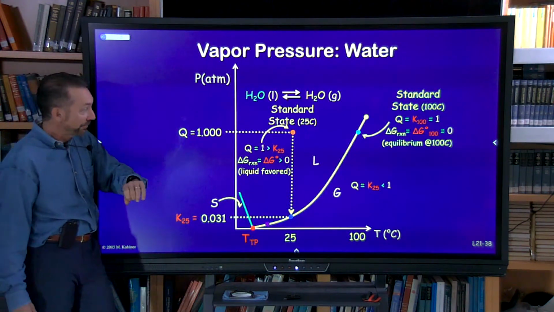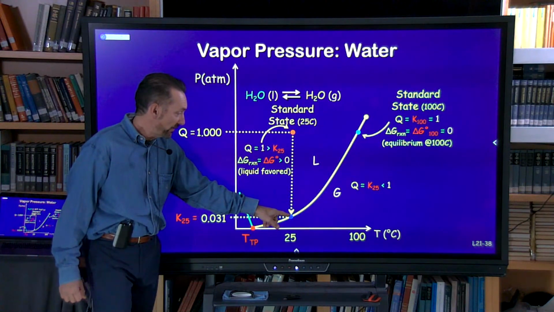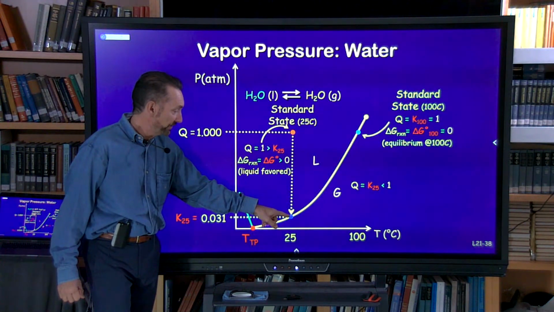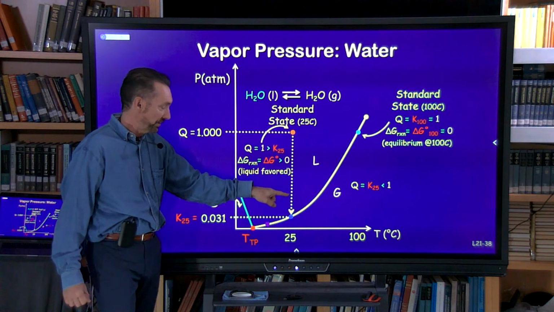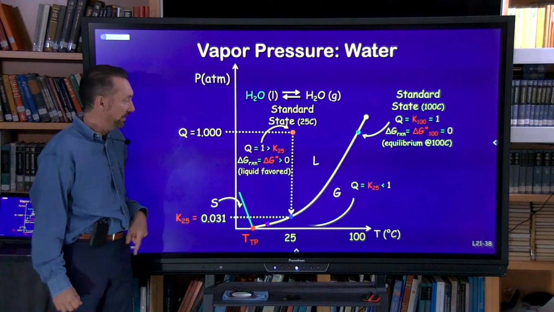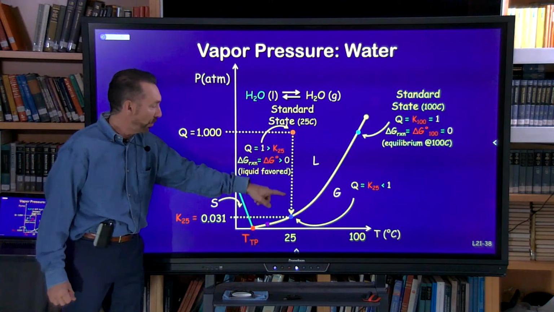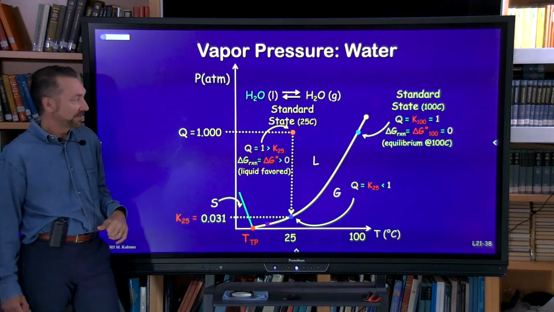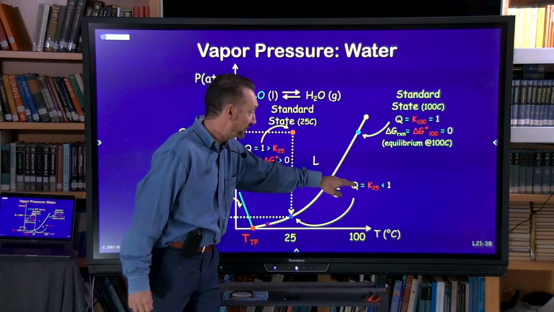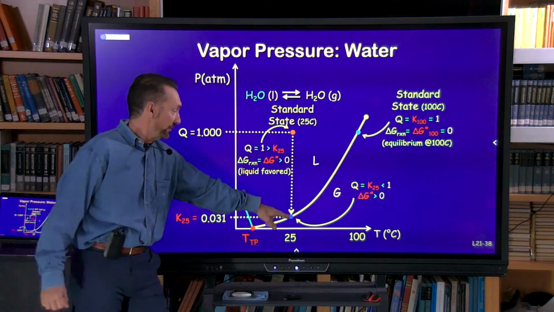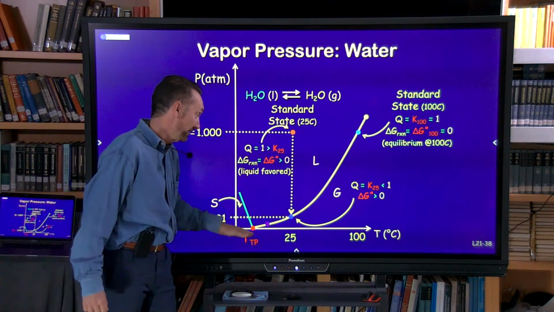So there's a third point we can look at with all those variables. If we are at this point, so we drop the pressure of the water vapor from 1 to 3/100ths of an atmosphere, then Q, I've dropped it to 3/100ths of an atmosphere, is K. I'm on that line.